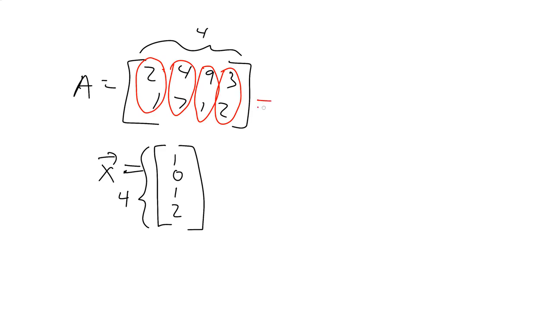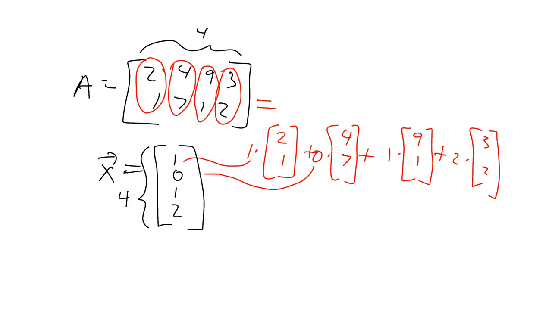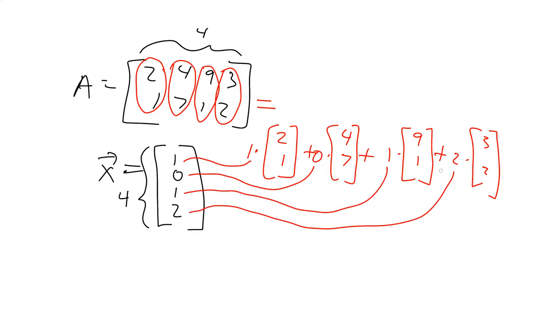But what I'm really going to get when I do this is I'm going to get 2, 1 times 1 plus 4, 7 times 0 plus 9, 1 times 1 plus 3, 2 times 2. Now, where did I get these numbers? Well, I got these numbers from this vector. This vector x is giving us the coefficients that we're multiplying each of these vectors by, in order to get the answer, right?